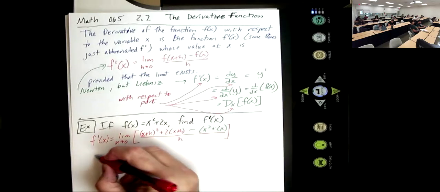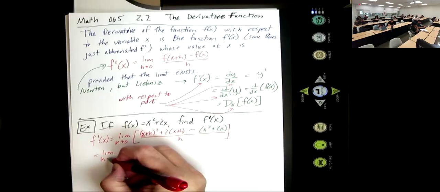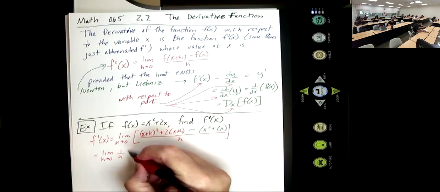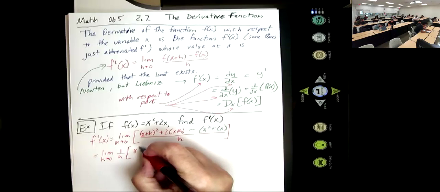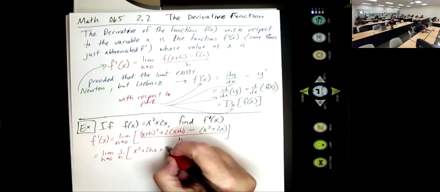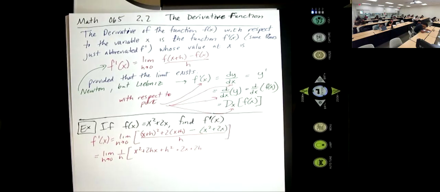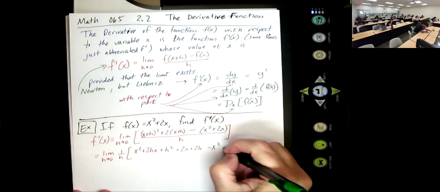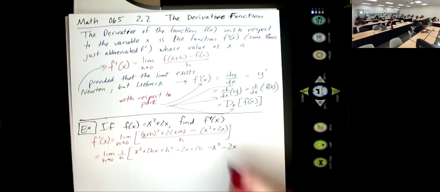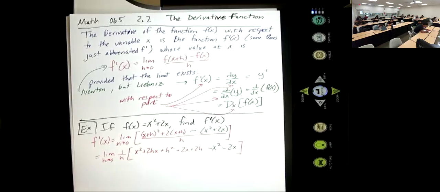So on the next line, I'll move that h out front. This is x squared plus 2hx plus h squared plus 2x plus 2h, then minus x squared minus 2x. Oh, I actually have Leibniz written down; I have the I and the E backwards here.